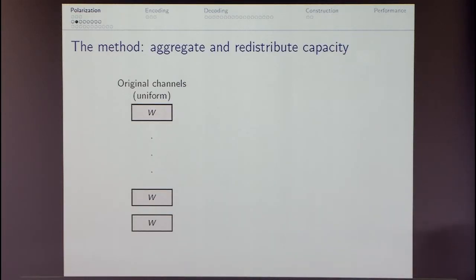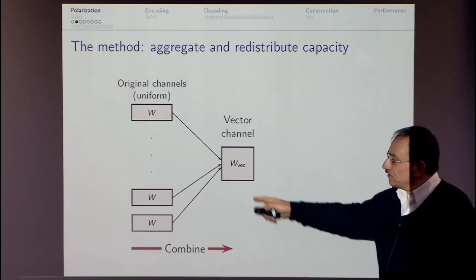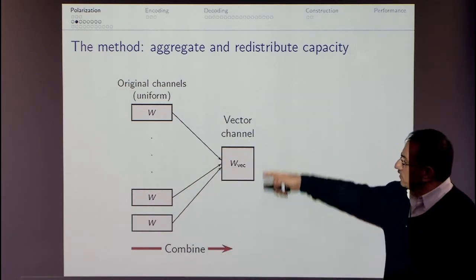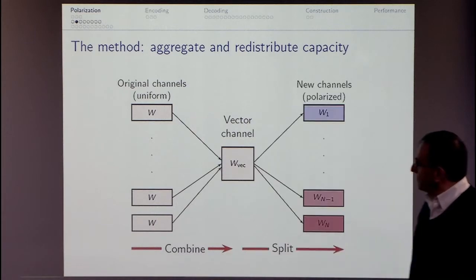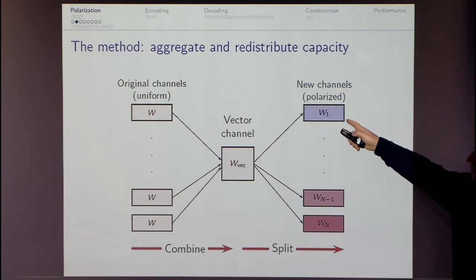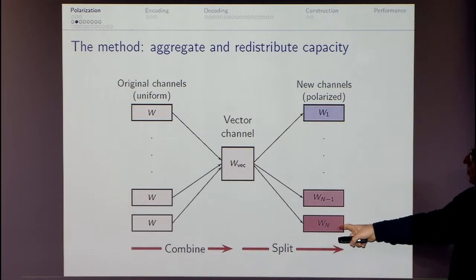So the method is essentially as follows. We take some number of independent copies of W, and then we will combine them into a large channel by preserving the capacity in this combining operation. And then we will split this combined channel back into binary input channels of various different qualities.